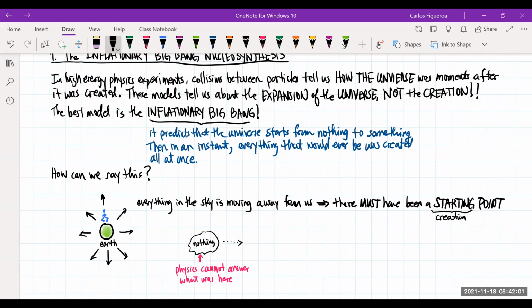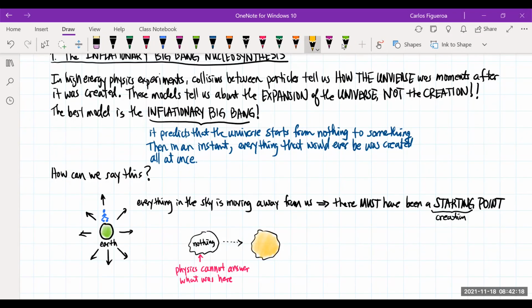If you go in this direction, now there was something, and at this something there was an explosion.